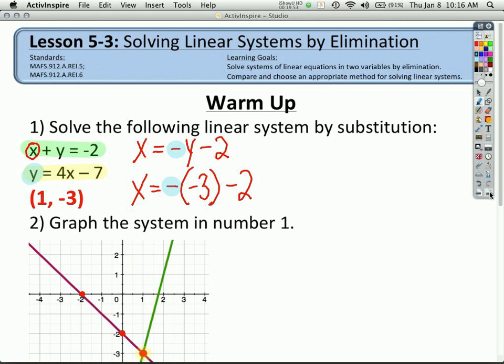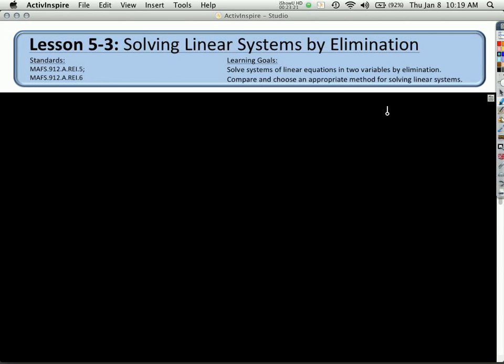Good. All right. Today, we're starting 5-3, which is solving systems using elimination. When I outlined the chapter for you, when we did 5-1, I talked about the fact that you were going to be learning 3 different methods for solving a system: graphing, substitution, and elimination. So you've already learned 2 methods.